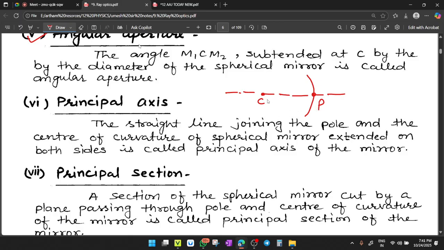The distance between the center of curvature and the pole is the radius of curvature r. The straight line joining the pole and the center of curvature of the spherical mirror, extended both sides, is called the principal axis of the mirror. As it is an imaginary line, you can extend it on both sides.